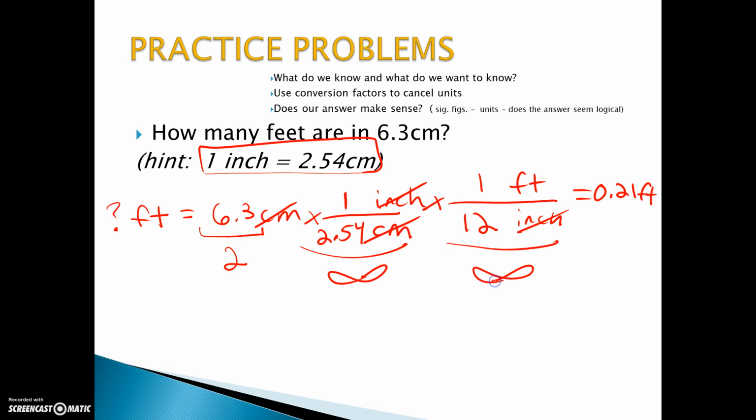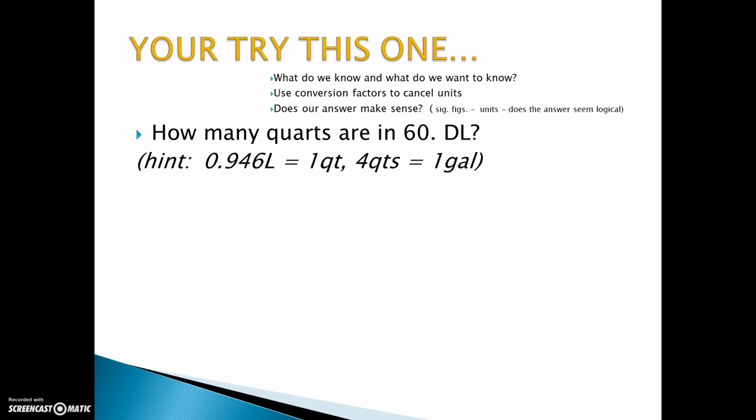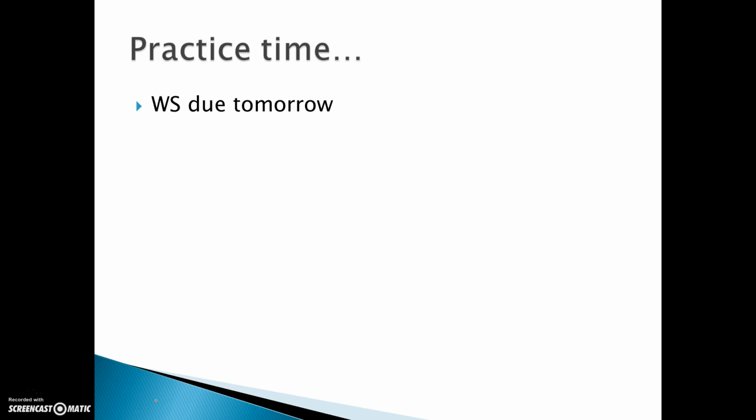This number, infinite sig figs, as all conversion factors have infinite sig figs. So my answer should have 2 sig figs, which it does. I also have units, and my answer makes sense. 0.21 feet seems logical for 6.3 centimeters. So I'm good. That's done.